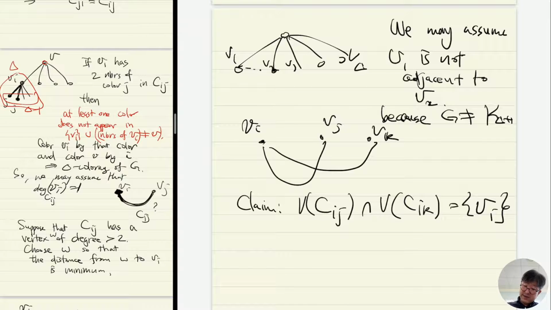Why? If it does have another vertex, let's say W, then let's look at these delta plus 1 vertices. Among these, 2 vertices have the same color, and another 2 vertices have the same color. So when you remove these vertices, the number of colors used is at most delta minus 1.